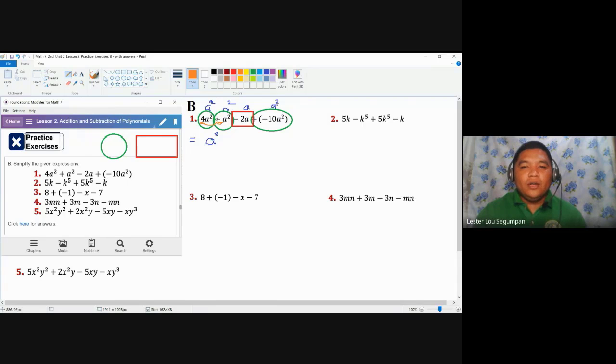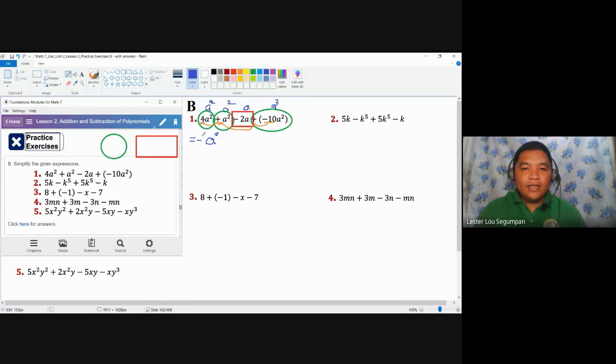So you have 4 plus 1, you already have 5. And then you have here plus negative 10. Again, let me repeat. 4 plus 1 plus negative 10. We skip the third term because again, it's unlike and we cannot combine or simplify it with the others. So we have 4 plus 1 is 5, plus negative 10 is negative 5. Please review your integers for better reference.